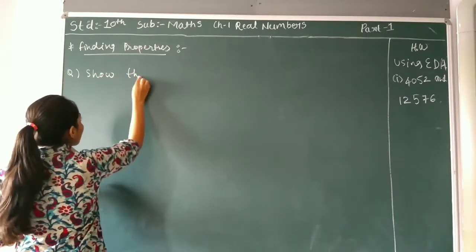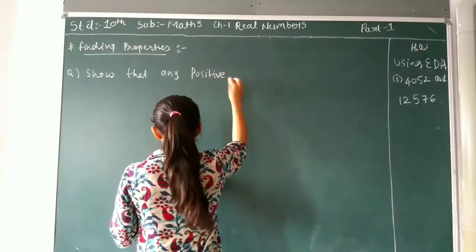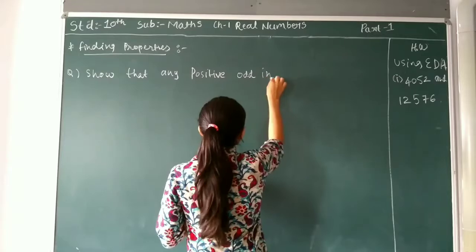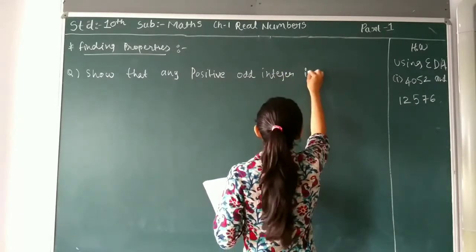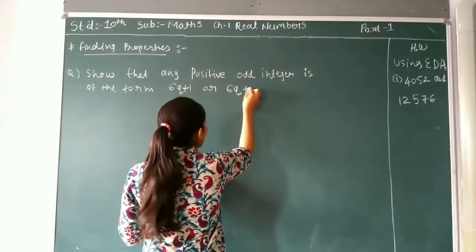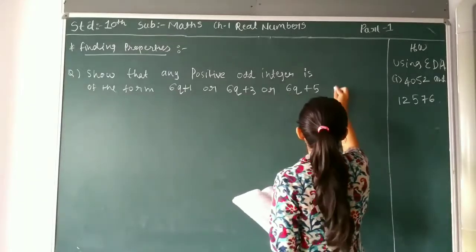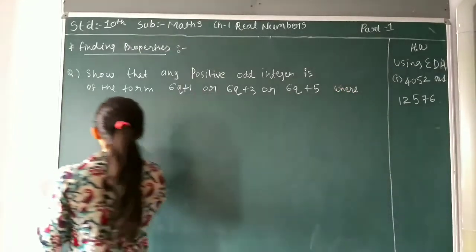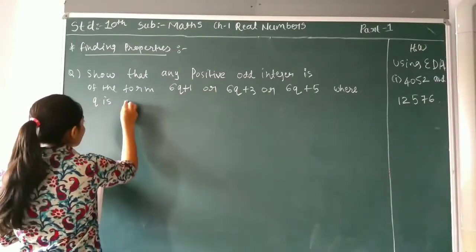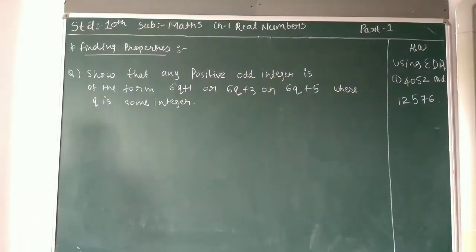Now show that any positive odd integer is of the form 6q plus 1 or 6q plus 3 or 6q plus 5, where q is some integer.